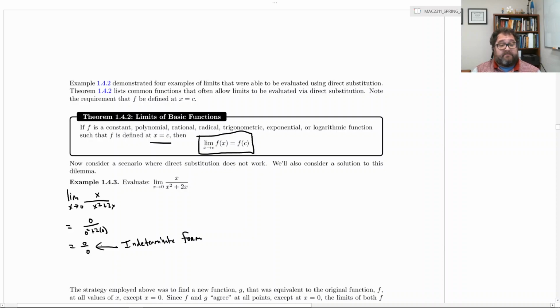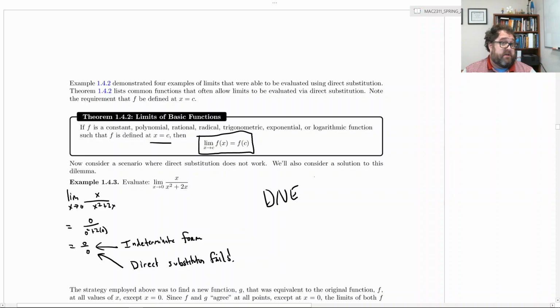If you get a situation like this, we would just say direct substitution fails. It doesn't work. And this is a very common mistake that especially first semester students make: they say, oh, division by 0, I guess that means the limit doesn't exist, and they just write a big DNE.